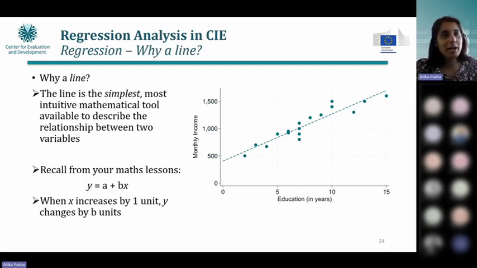And so here we start our short math lesson. If you recall your algebra, we often used to look at equations like this, where you had one annoying y on one side and then a plus bx on the other side, or a plus x on the other side. And this is simply the logic behind a regression as well.